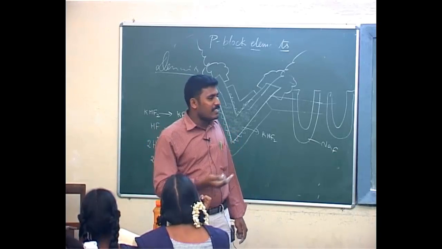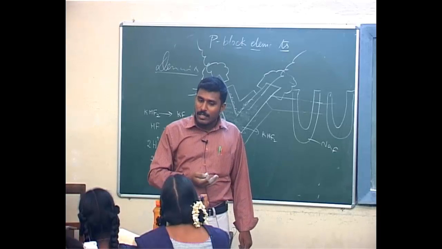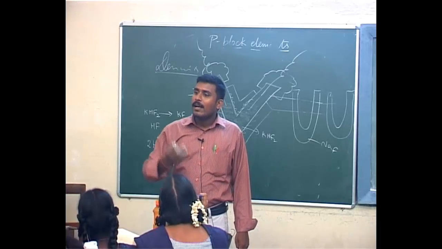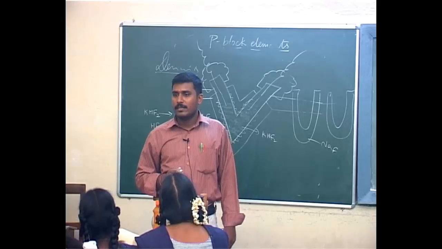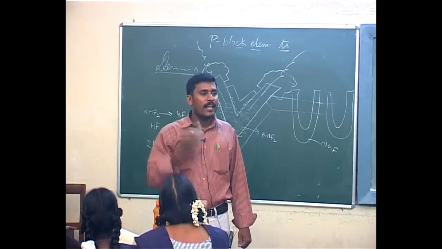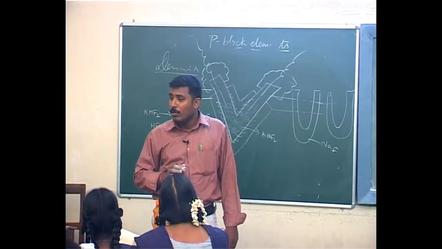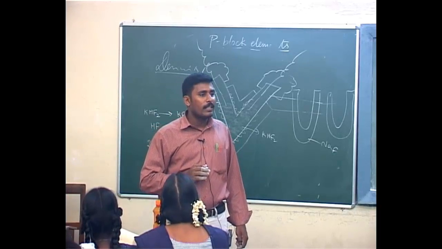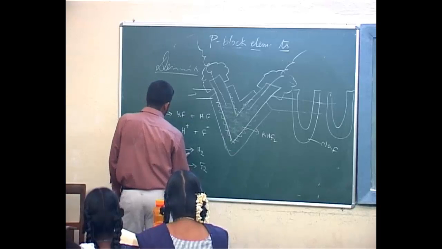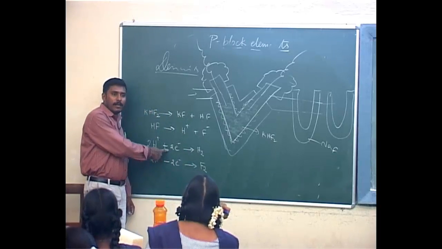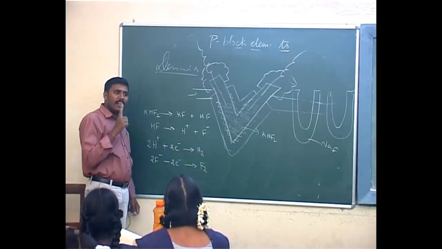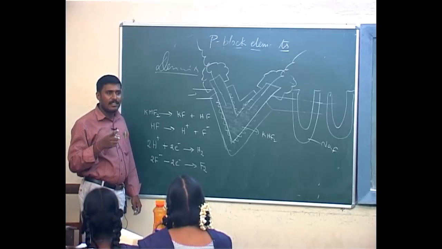Where does oxidation take place, and where does reduction take place? In anode or cathode? Always in anode oxidation takes place. Anode oxidation, cathode reduction. Here what type of reaction takes place? Here addition or removal of electron? Addition of electron is nothing but oxidation or reduction? Reduction.